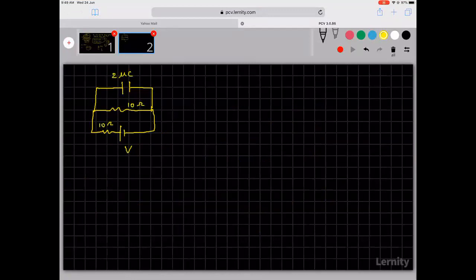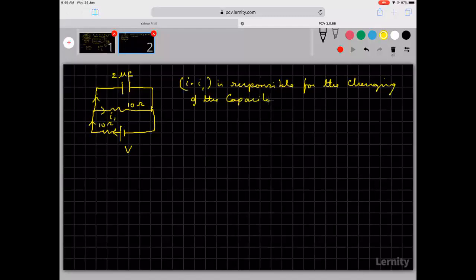Suppose a current I goes this way, and suppose I1 is going this side, then what is responsible for the charging of the capacitor? The I minus I1 is responsible for the charging of the capacitor, because I1 is going this side, so only the rest of it is responsible.